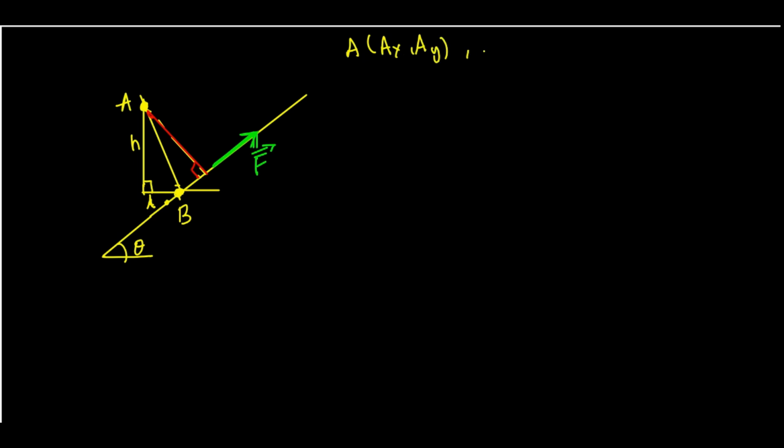AX, AY, BX, BY are known. So H and L are known. You also know theta and F, right?